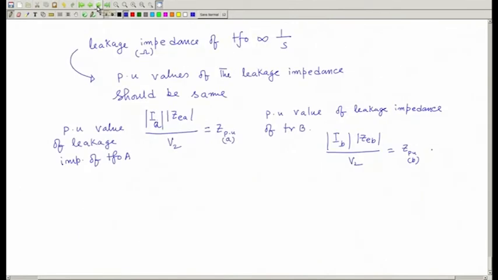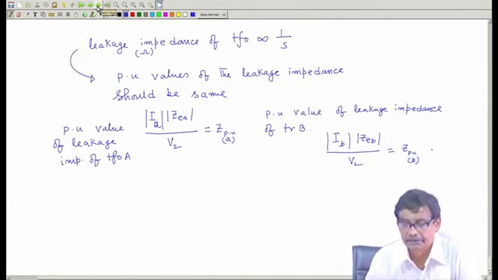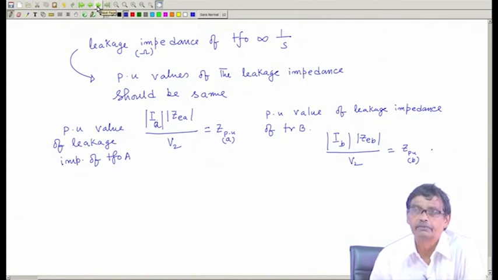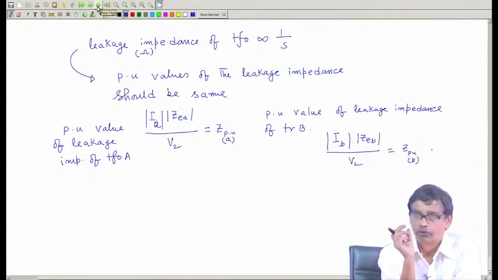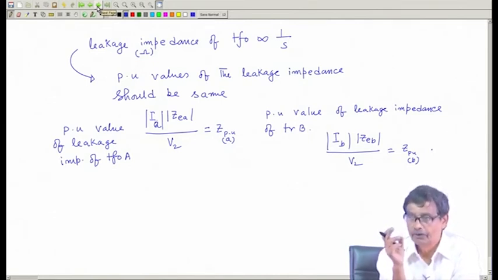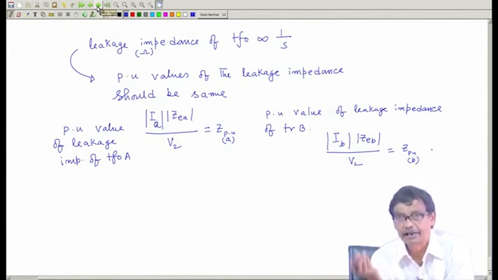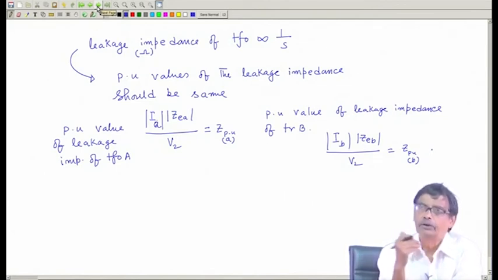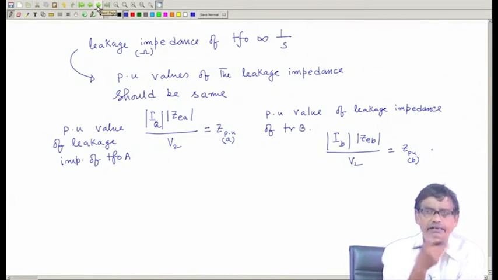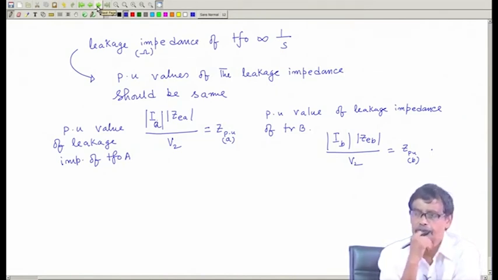Therefore, what is the per unit leakage impedance? Physically it means that when rated current flows through the transformer, there will be some voltage drop, the magnitude of that voltage drop expressed as a fraction of the rated voltage of the transformer of that side. And per unit values are same with respect to secondary or primary for a given transformer.